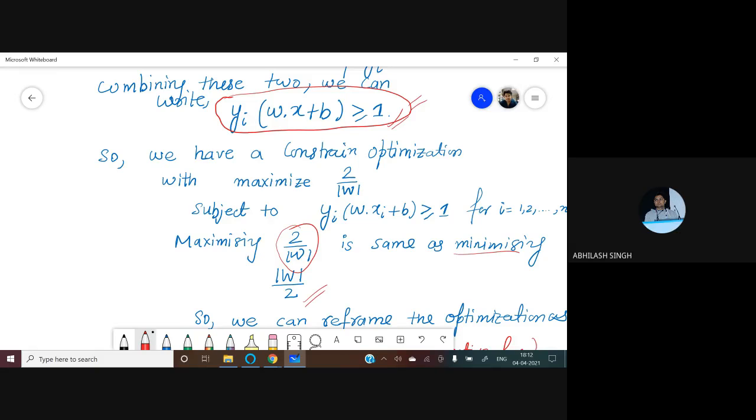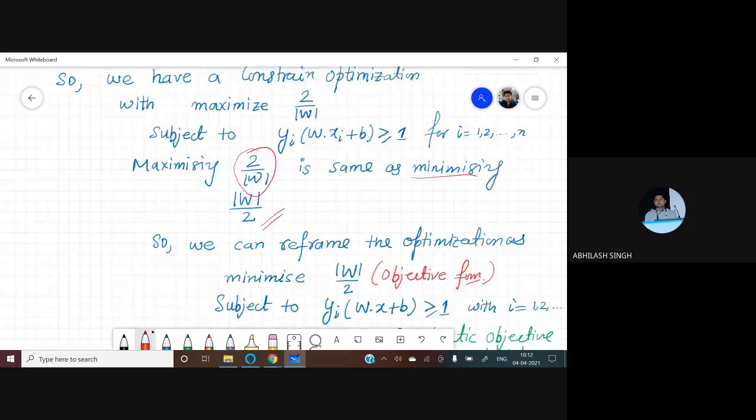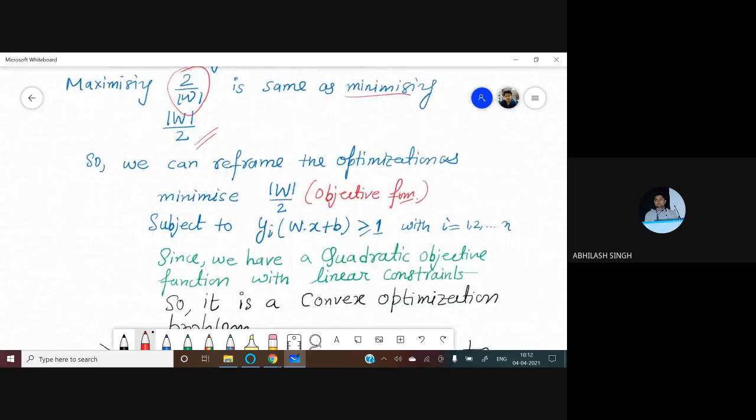This is a very important point, with the same constraint. There are two things to highlight here. One, we have a quadratic objective function, and the constraints are linear constraints.